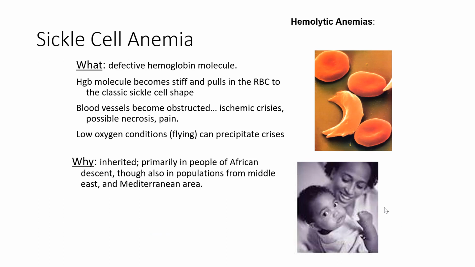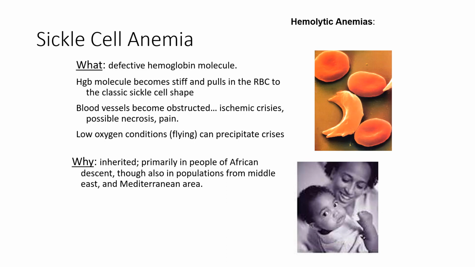Sickle cell anemia: there are 4 molecules, right, of proteins of hemoglobin attached to an erythrocyte, and for some reason, in genetically inclined patients, that hemoglobin is defective. So what it does is it becomes stiff, and it sort of pulls in the red blood cells to that classic sickle or crescent moon shape.